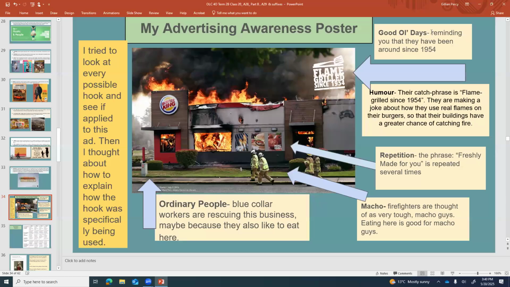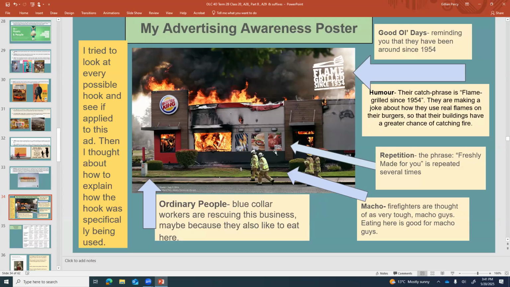Older people might be more hooked in by good old days. This is their way of trying to attract different target audiences. So good old days: it's been flame grilled since 1954. So there's a little bit of nostalgia there. Humor: their catchphrase is flame grilled since 1954. They're making kind of a joke about their burgers.